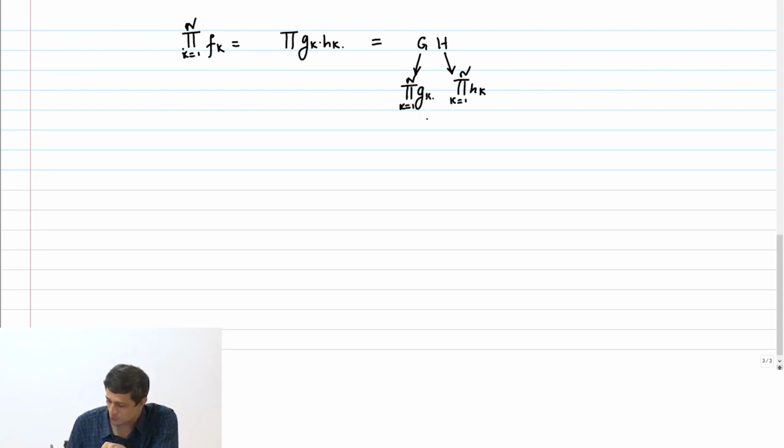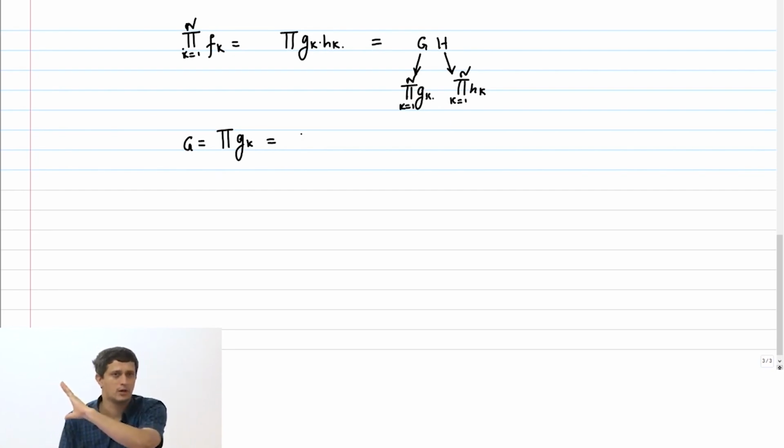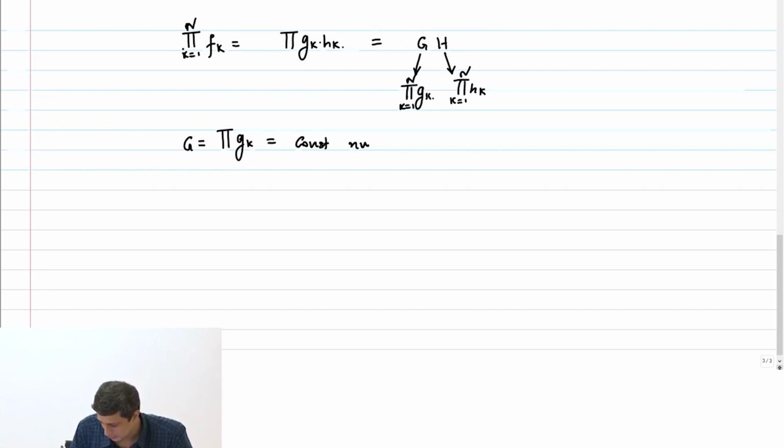So what does this look like now? The product of gk, G, is nothing but some constant number. You are multiplying many logical efforts. Depending on what gates you put in the path, you will get a constant number. And this capital G is called the path logical effort.